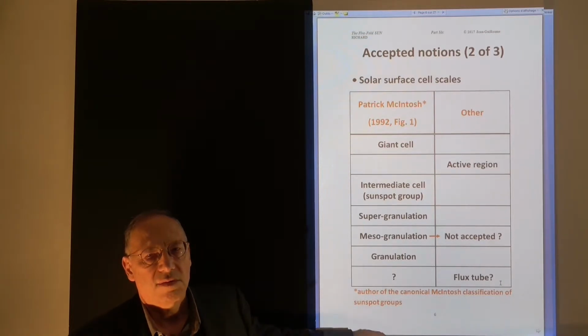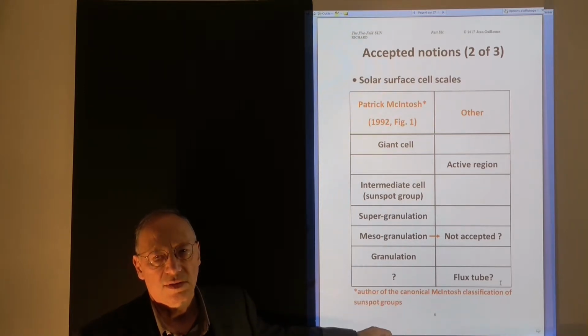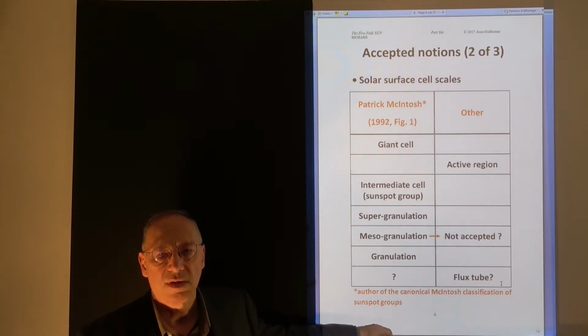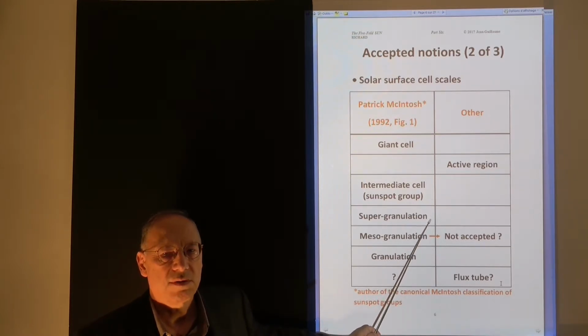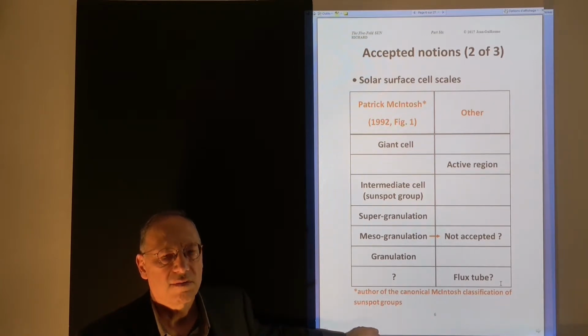You see on the top the giant cells, which were already introduced in part 2 of this work of the Fivefold Sun in one of our videos. Then there is what McIntosh called the intermediate cell, which is a sunspot group. Then we have supergranulation, very well known, mesogranulation, which is not accepted by all, and granulation, which is the basis of this entire scale, and was first discovered by Janssen in the 19th century.